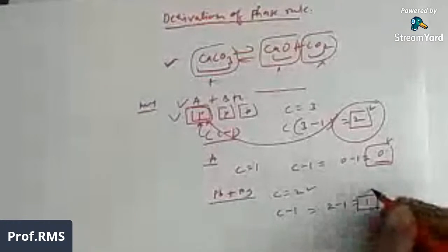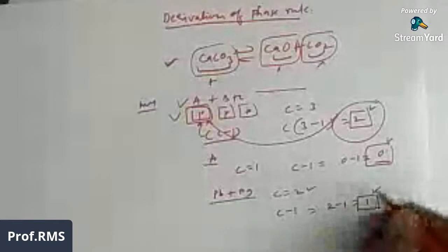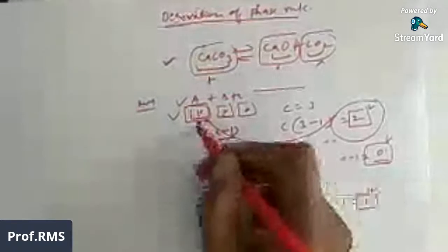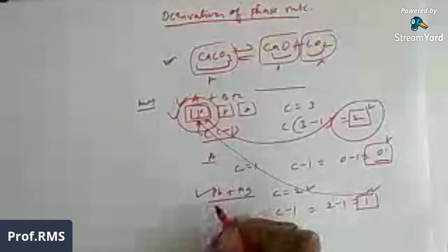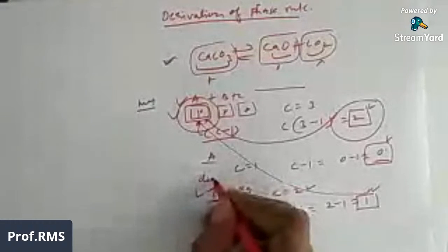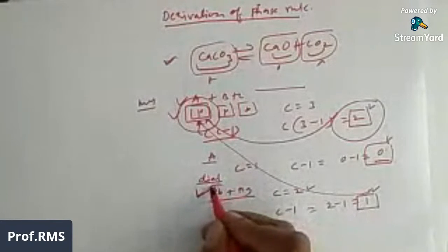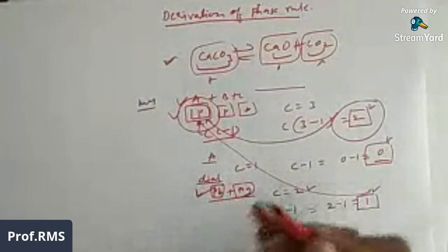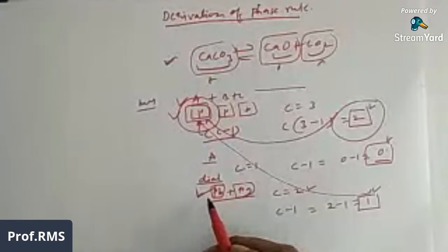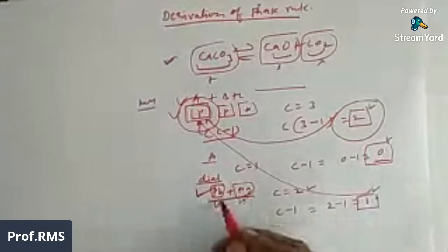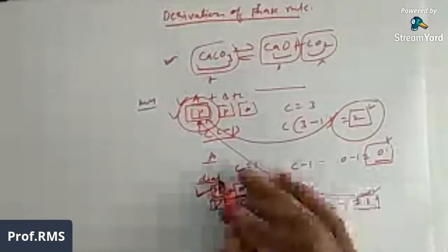Therefore we require at least one concentration to determine the composition of each phase for this system. This is also a multi-component system with more than one component. So again, for this system, we require one concentration to determine the composition of each phase.